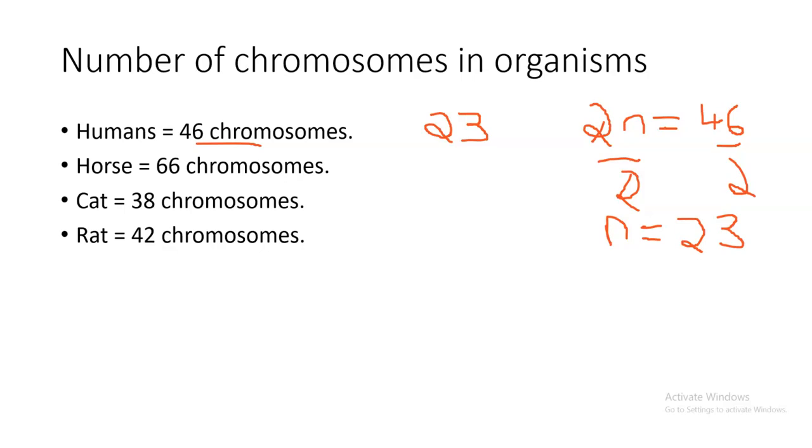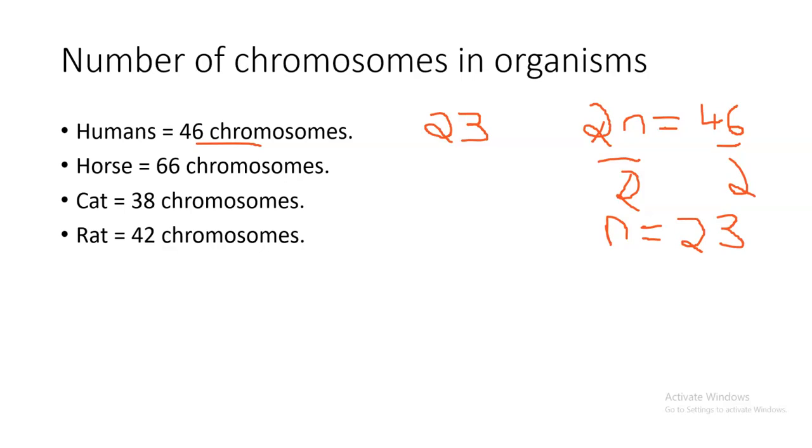They can say a human being or an organism has a diploid number of 50, for example. That means 2n is equal to 50. And then if they say a haploid number of 20, that means n is equal to 20, but 2n will be equal to 40. Other organisms also have their own sets of chromosomes.